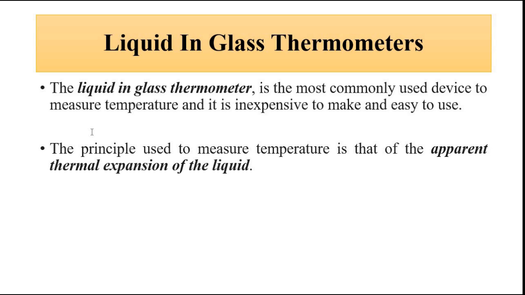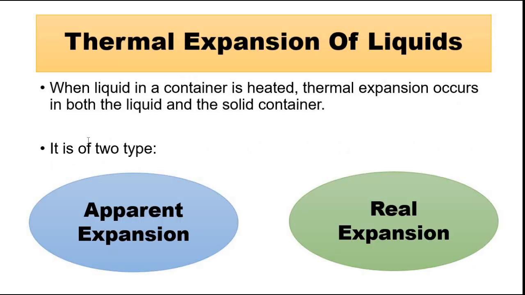It is based on the apparent thermal expansion of the liquid which is used, the sensing liquid. We have discussed the thermal expansion of liquids. It is of two types, apparent expansion and real expansion.